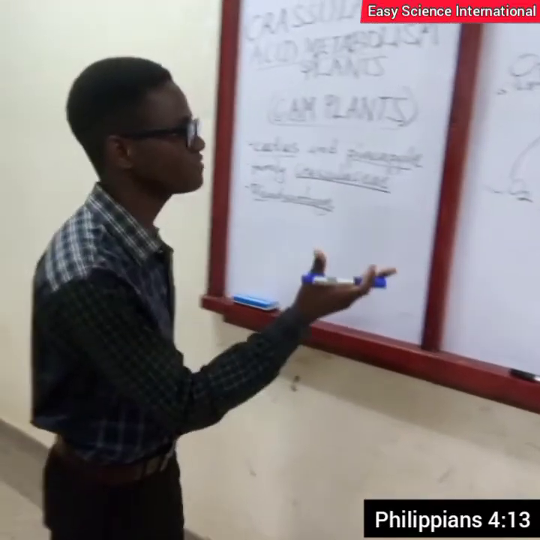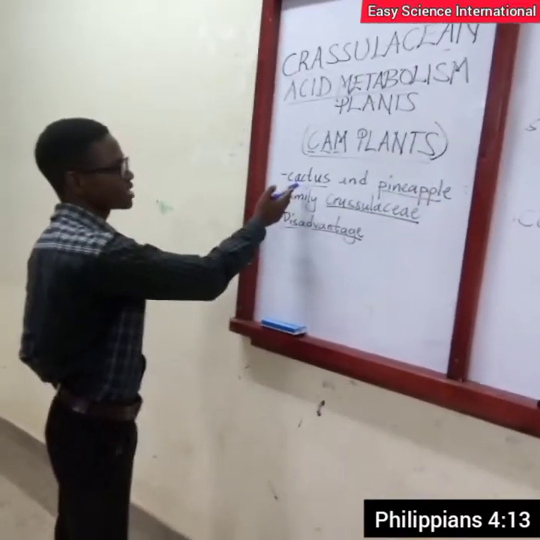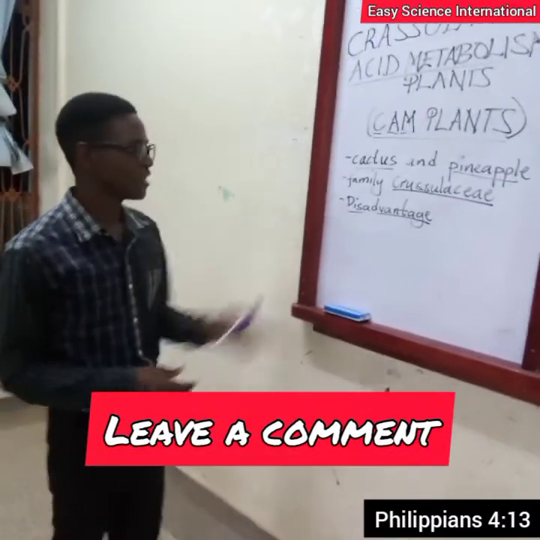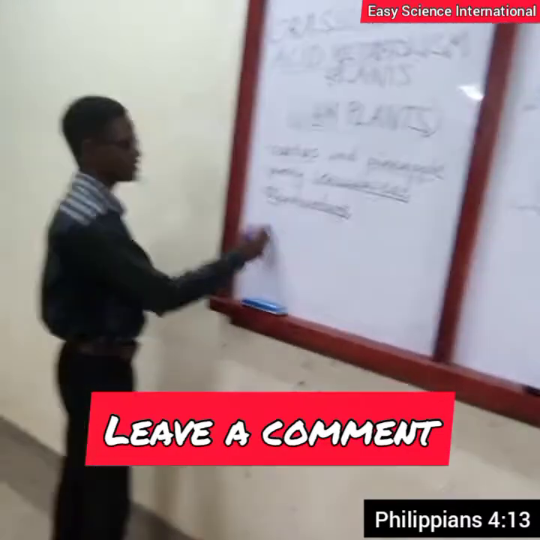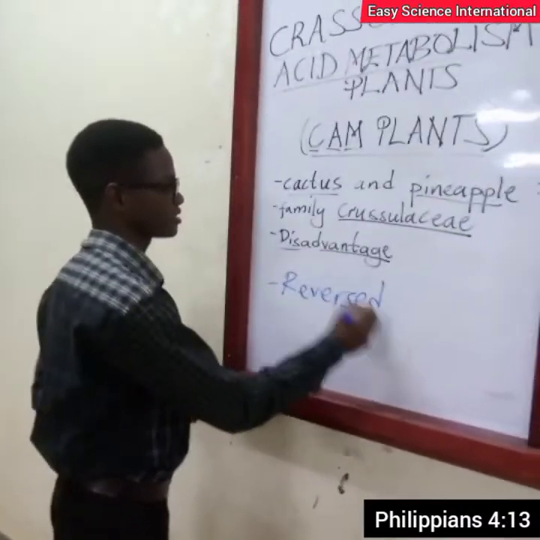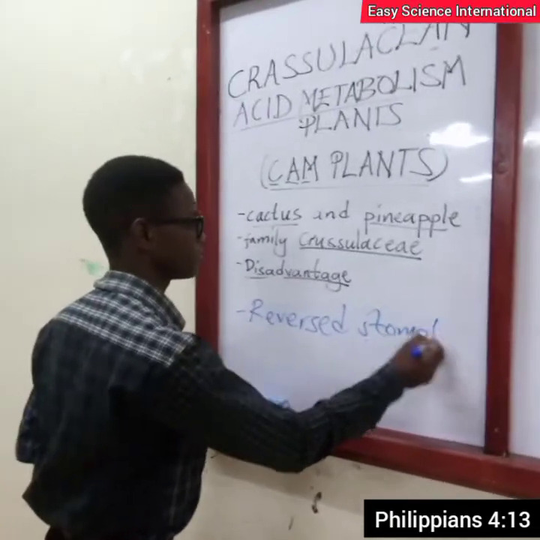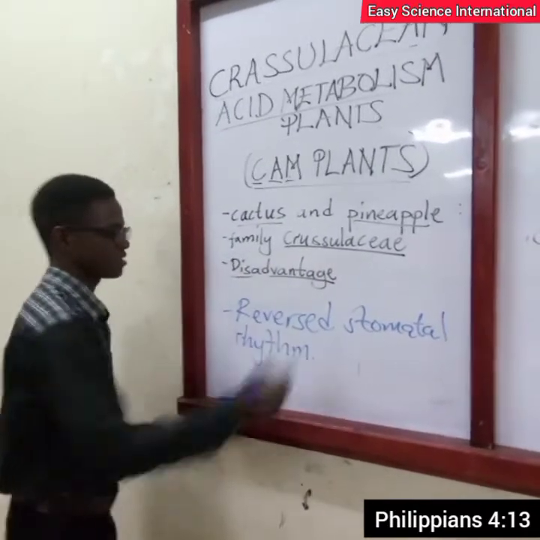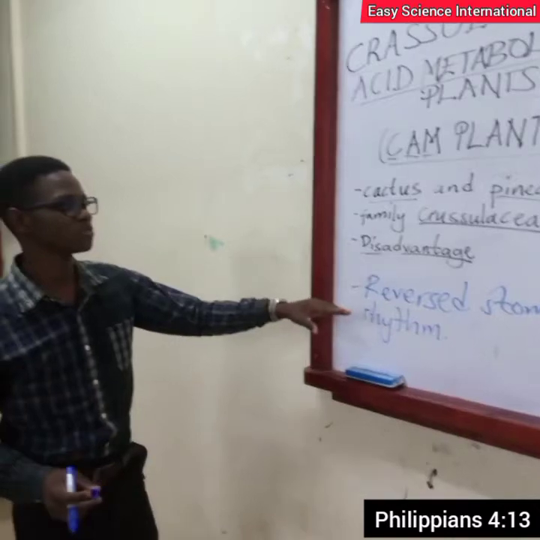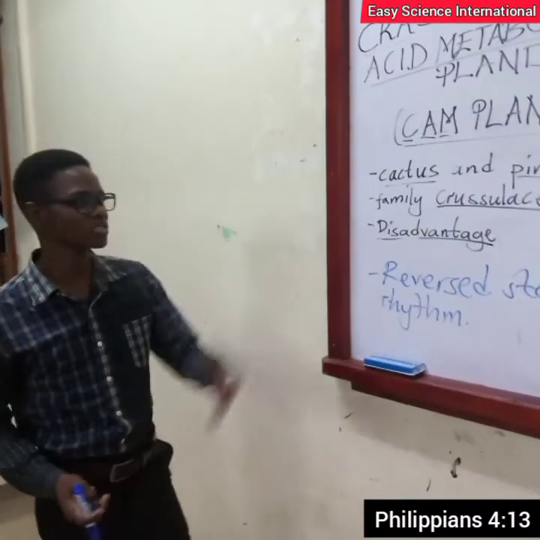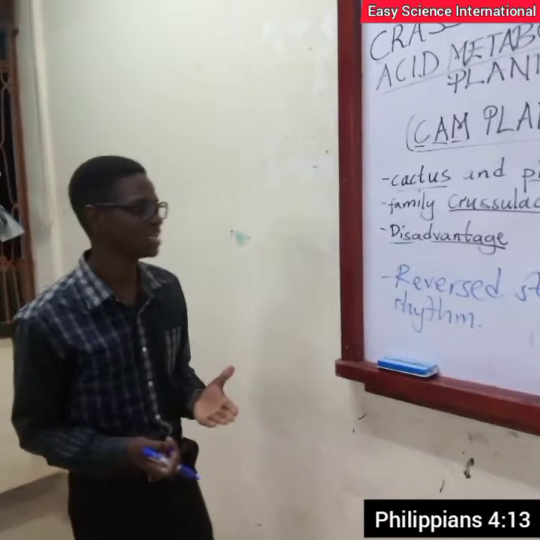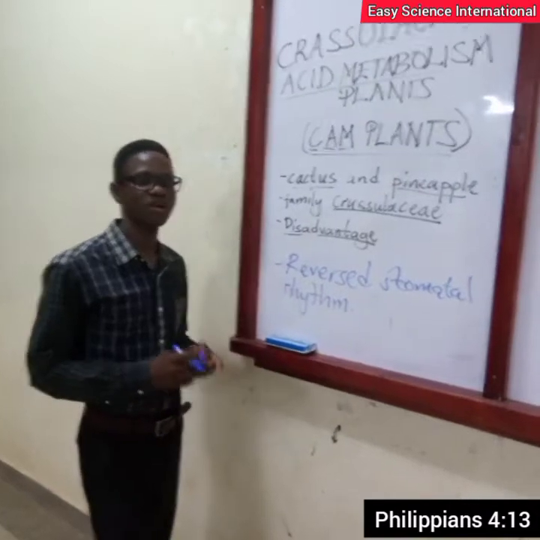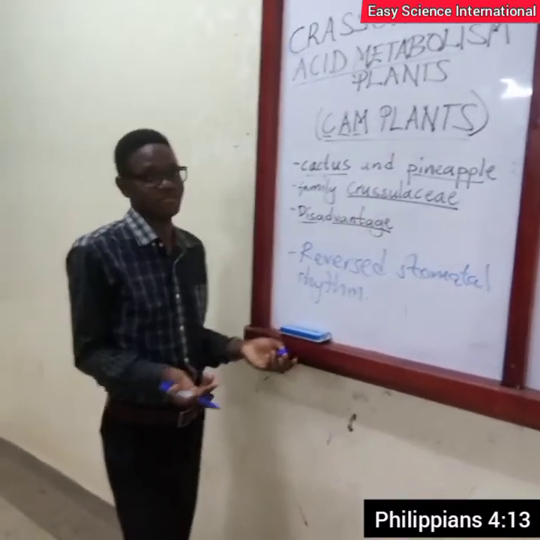So we have seen that examples of plants, we have cactus and pineapple, among other members of family Crassulaceae. They have what we call a reversed stomatal rhythm. This reversed stomatal rhythm, where stomata are closed during the day and open during the night, poses a disadvantage of not allowing the diffusion of carbon dioxide into the closed stoma during the day.